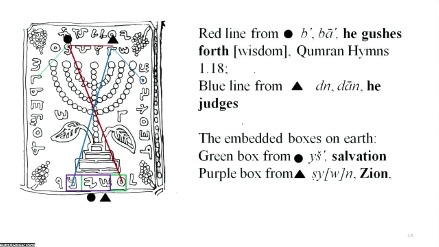And that is a very common motif in reading these patterns. You find that the lines that go from earth up to heaven are connected with the pattern, or take their origin in the pattern, which is about salvation coming forth from Zion.